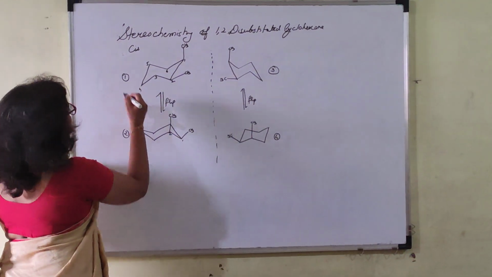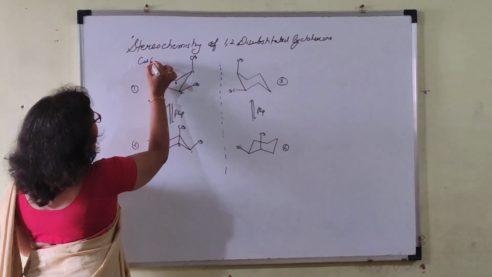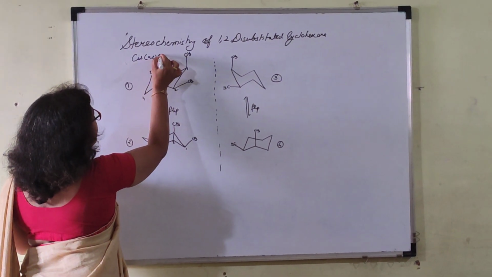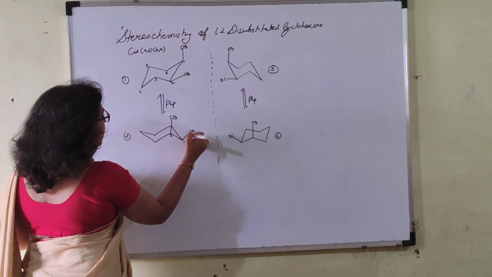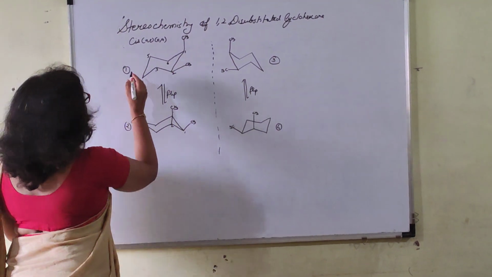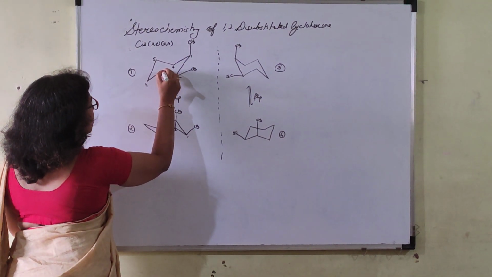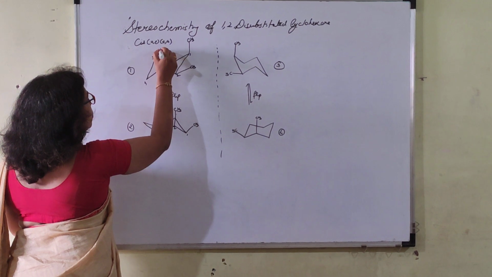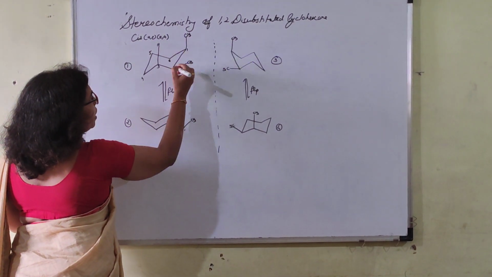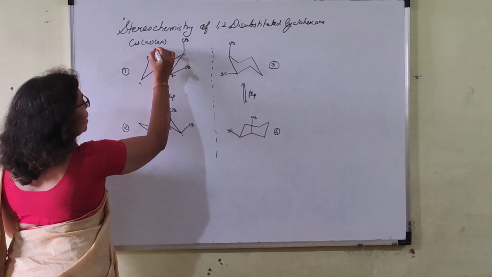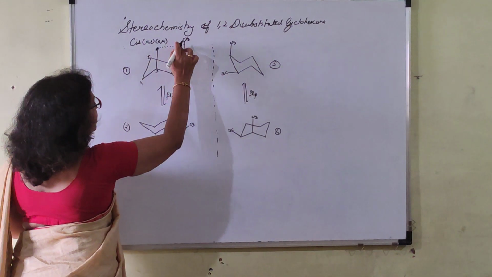Now, there are two conformations available for the cis isomer. One is AE and the other is EA. Let us take the amount of energy associated with this conformer. So, the CH3 group is in the axial position. So, 1, 2 and 3. The third axial hydrogen will have a 1,3 diaxial interaction.